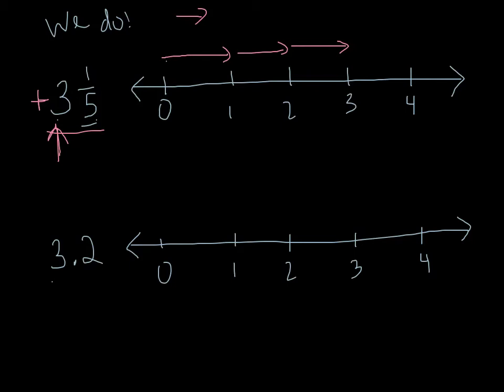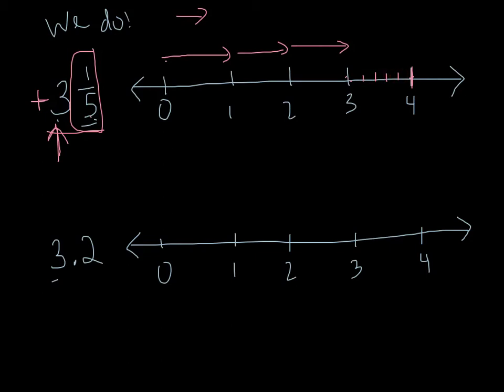Now, how much is the little bit more? Well, it's 1 out of 5 broken pieces. So let's break this next whole number between the 3 and the 4 into 5 equal pieces. 1, 2, 3, 4, and 5 goes on that line there because it's the chunks we're counting. 1, 2, 3, 4, 5 chunks.